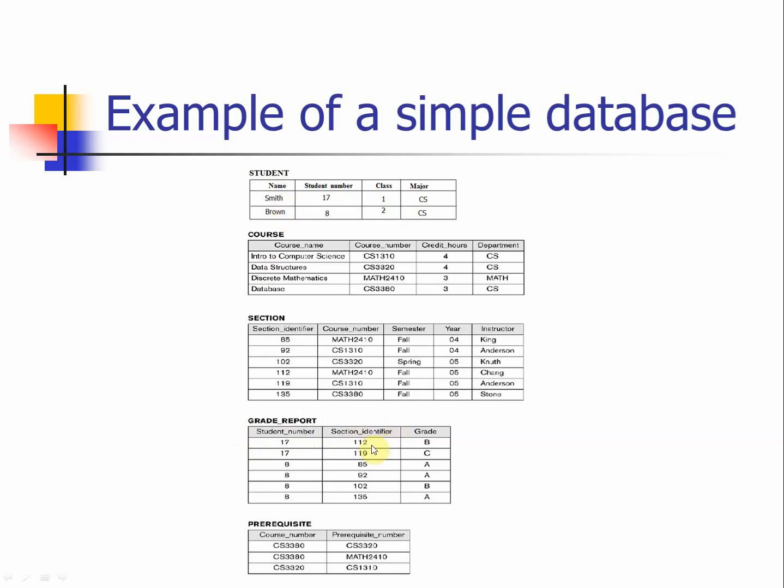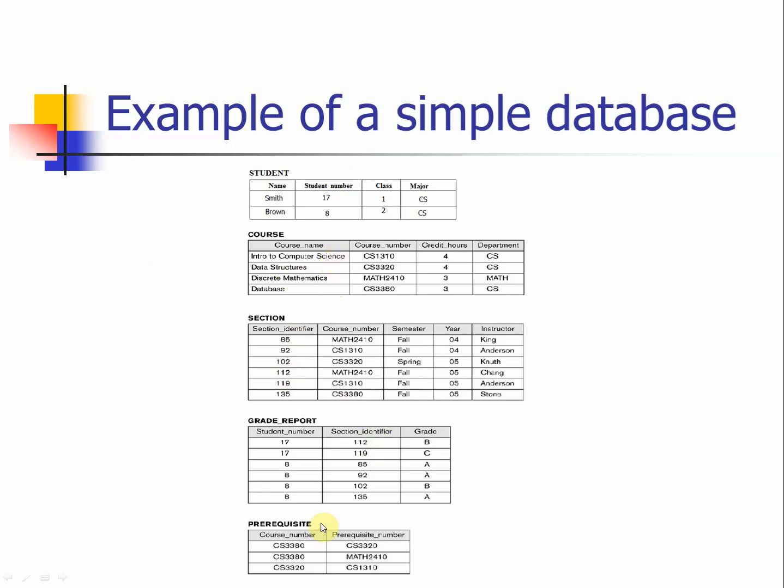Section identifier 112 means the math class that Smith is taking, and he got a grade of B. Therefore, this is the table that links not only one table but two, and section 112 can go further back to the section table to find which course Smith is taking. So they are all closely related.